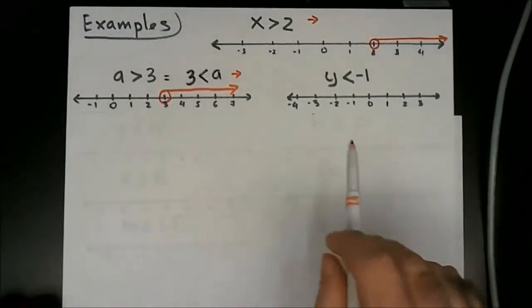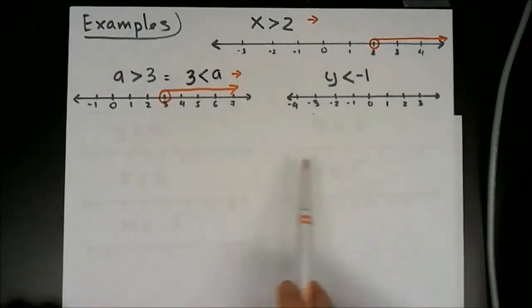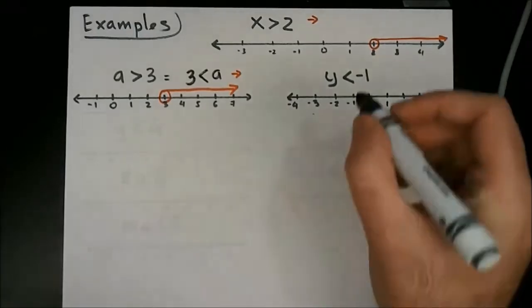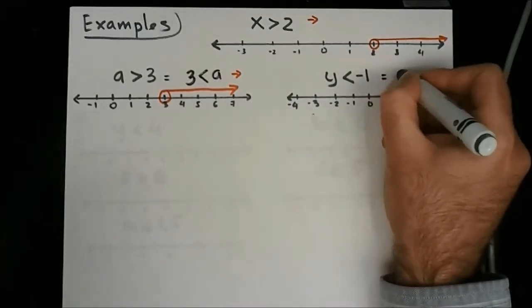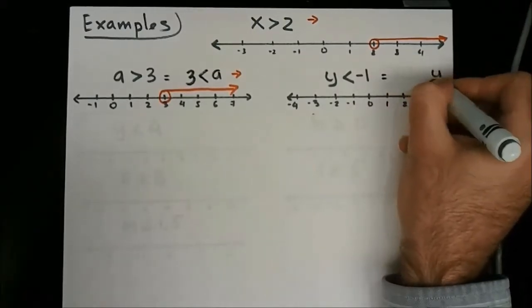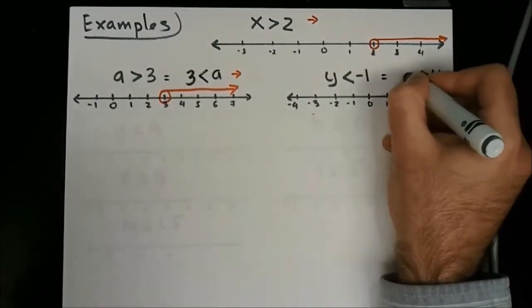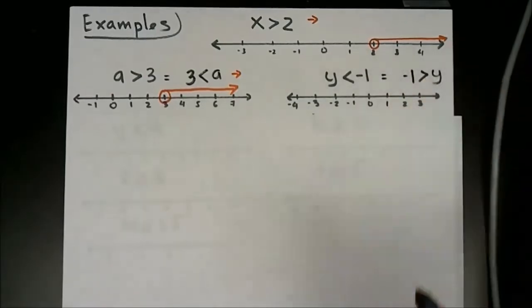Let's take a look at this particular inequality. Y is less than -1. Now I can write this as -1 on this side, greater than y. These two are the same inequality.